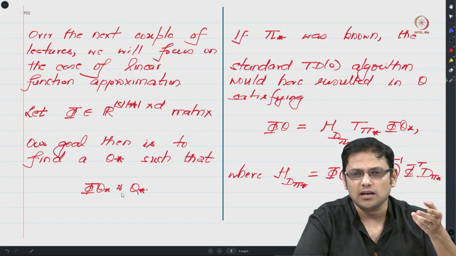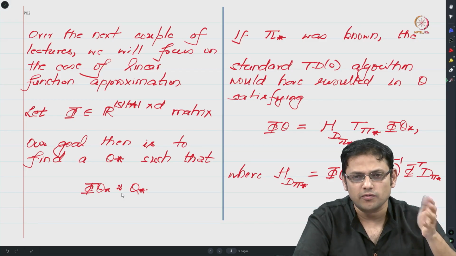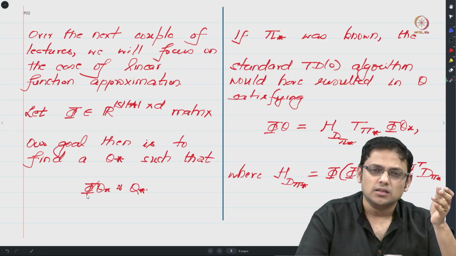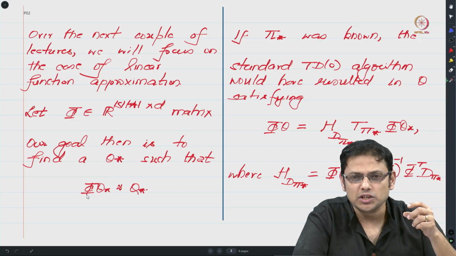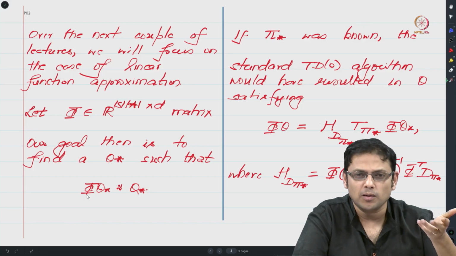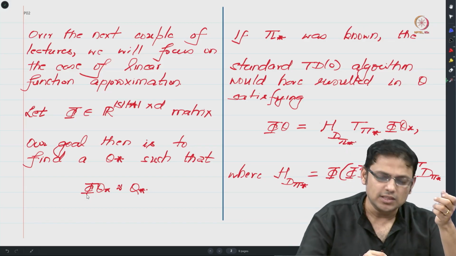So if phi theta star approximates q star very well, then by looking at the greedy policy associated with phi theta star, we would have a good estimate of the optimal policy itself. So this is the goal.